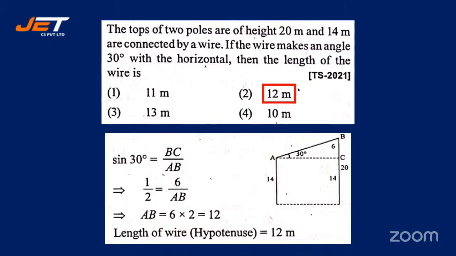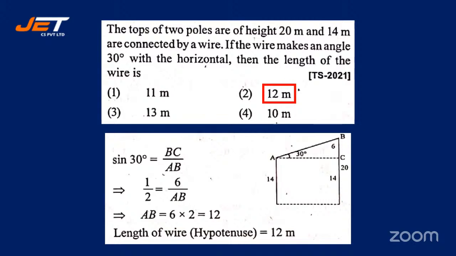Here you can see opposite side by hypotenuse. Isn't it? So the opposite side is BC, and what is the hypotenuse? We don't know AB. So sine 30 is BC by AB. What is sine 30? It is 1 by 2, which is equal to 6 by AB, where BC is 6. How is it 6?